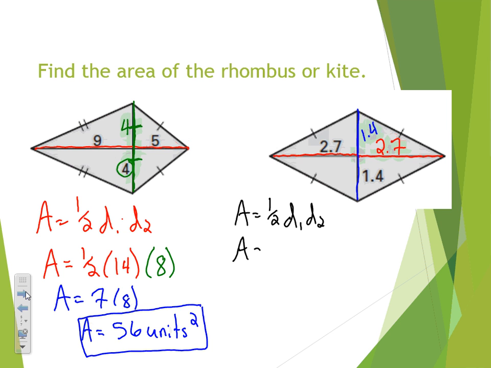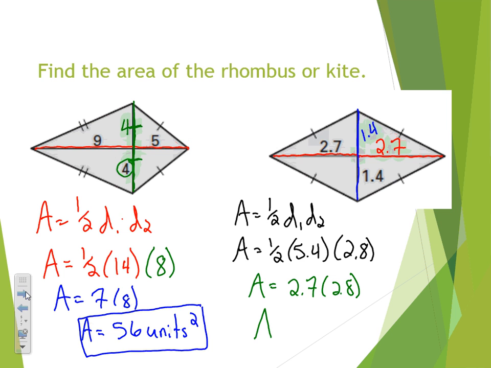So my area equals 1/2. If I take 2.7 plus 2.7, I'm going to get 5.4, times my diagonal 2, 1.4 plus 1.4 is 2.8. Simplify this. Half of 5.4, I get area equals 2.7 times 2.8.